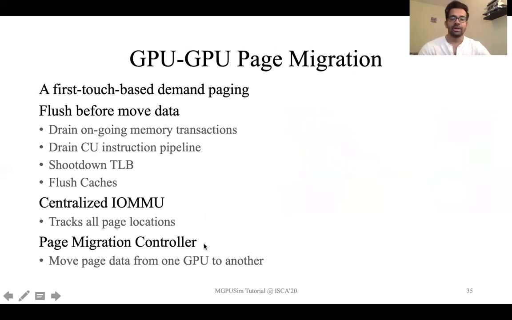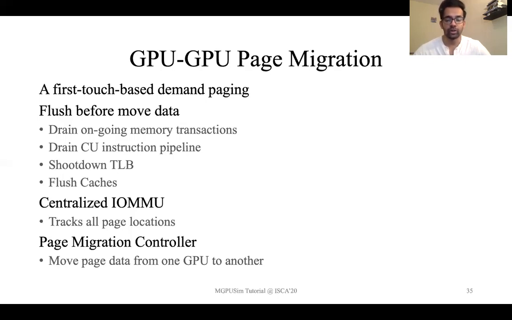Another commonly used multi-GPU communication mechanism is GPU to GPU page migration. In MGPU SIM, we model a first touch based demand paging. In page migration, the basic mechanism is that whenever a GPU has a page fault for a page that is not present in its own memory, the IMMU and the GPU driver will migrate the page from either the CPU or from another GPU to that GPU.